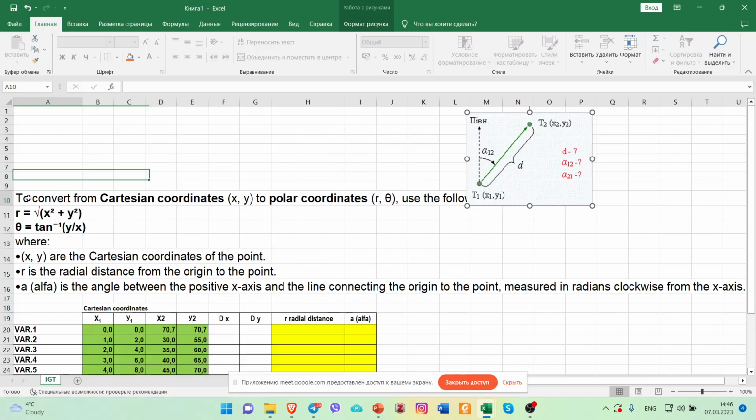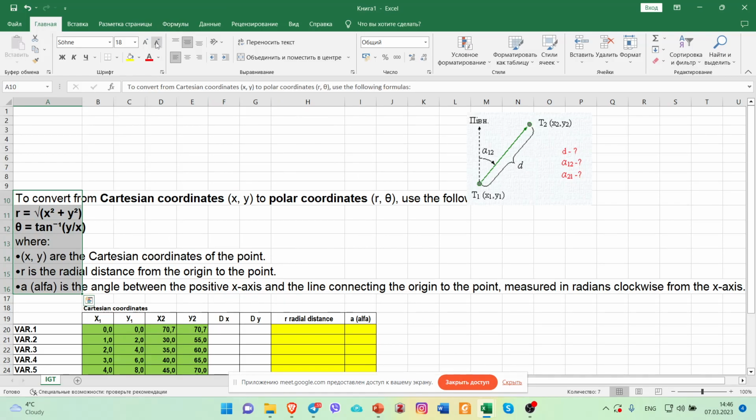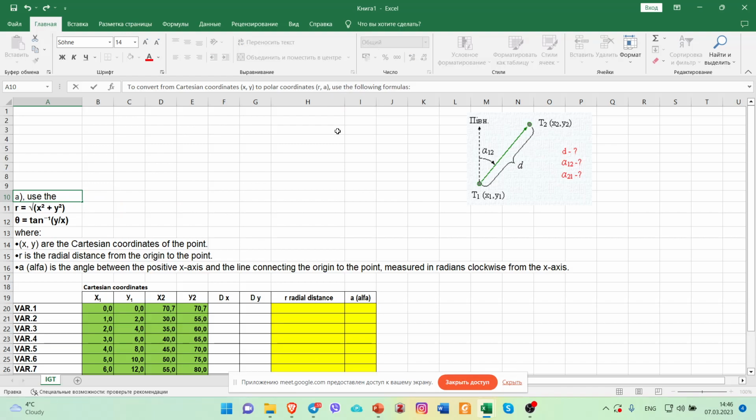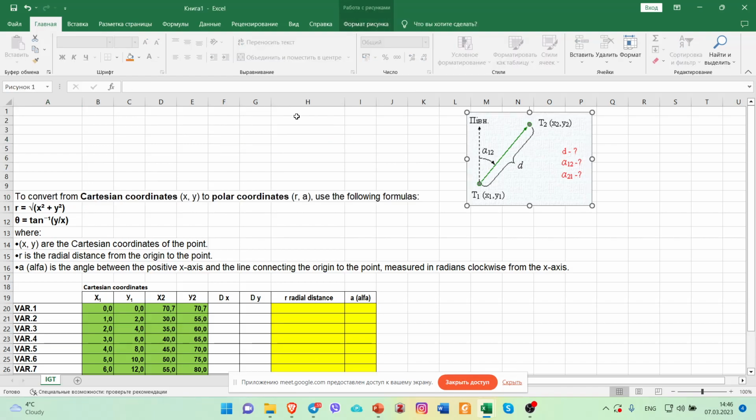Then we should calculate polar coordinates r and alpha, and use the following formulas.